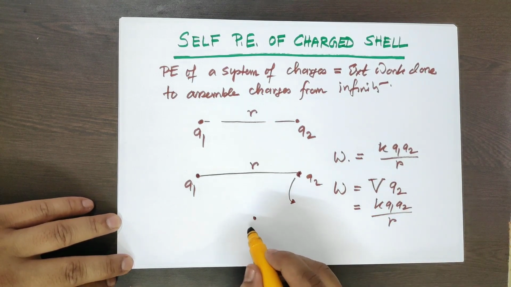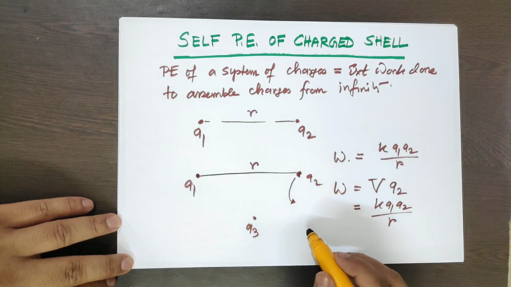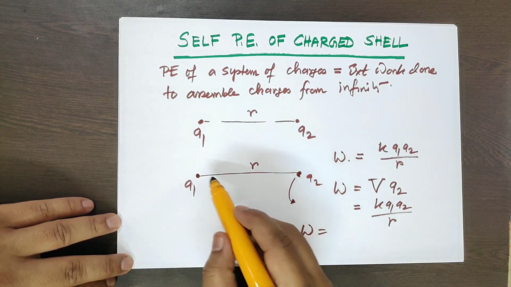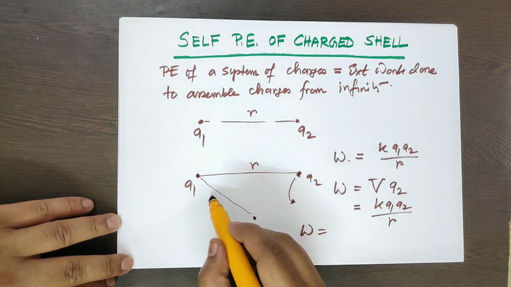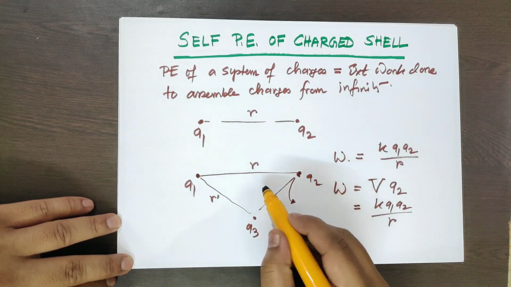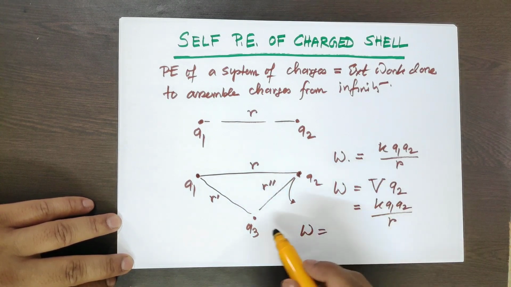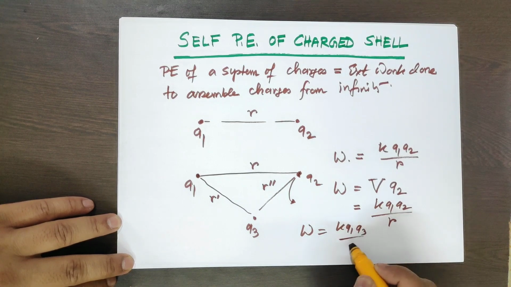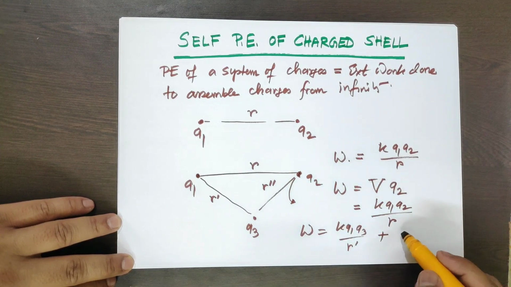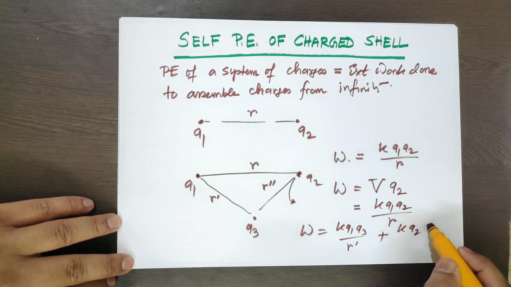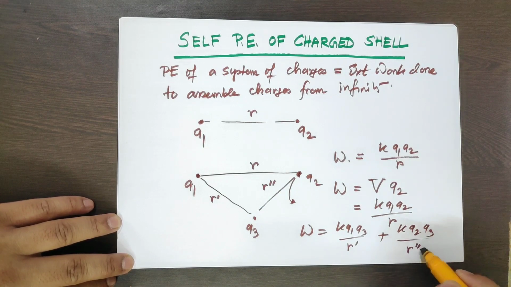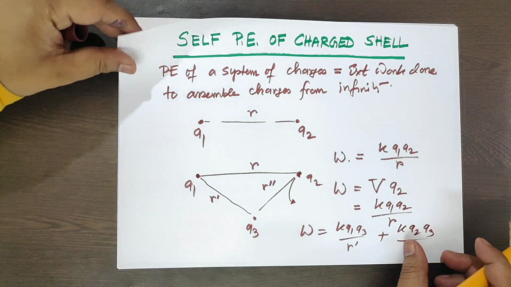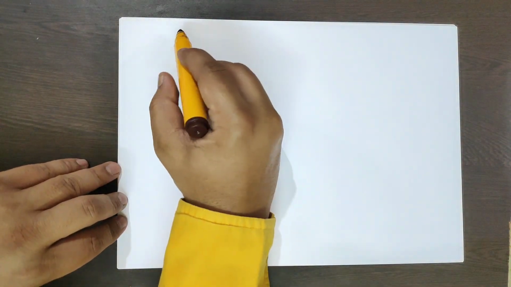And if you bring one more charge q3, then what is the work done to bring q3? Say this is r dash, r double dash. To bring q3, due to q1 the work done is k q1 q3 by r dash, due to q2 it is k q2 q3 by r double dash. Okay. So, this was a brief recap.